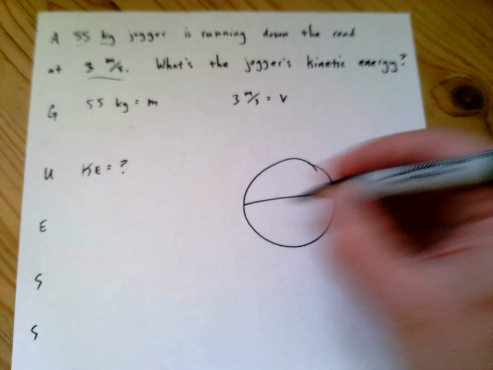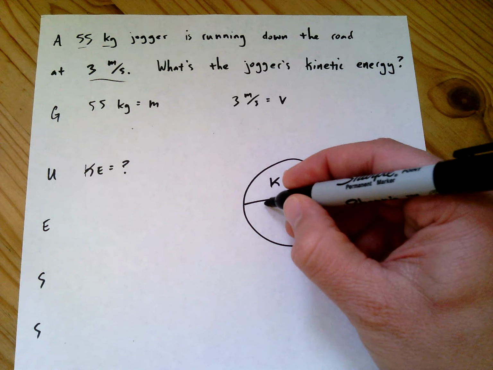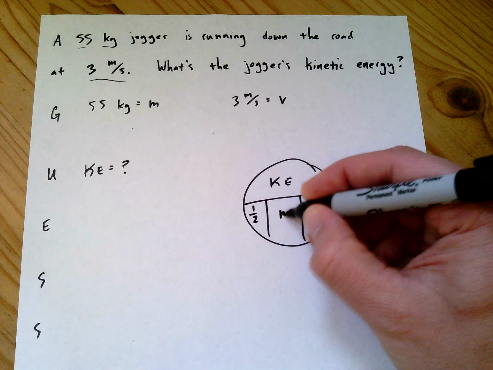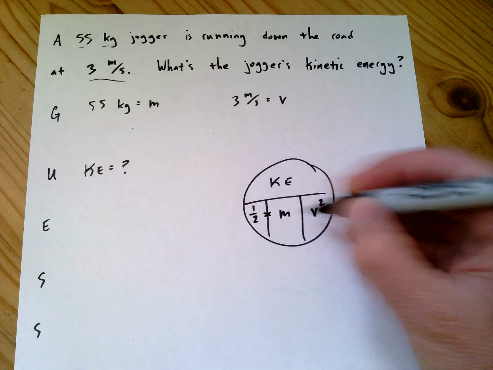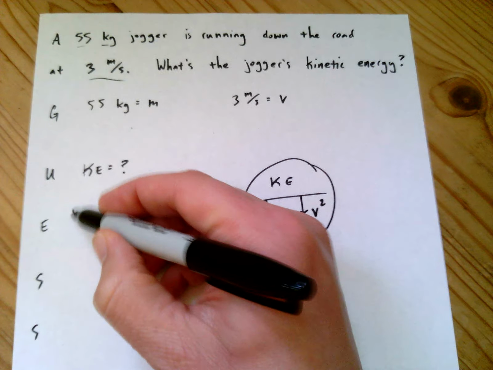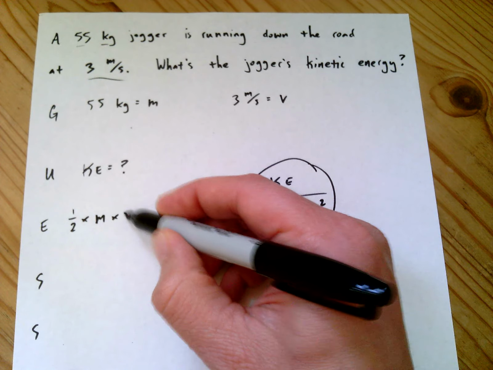We had KE for kinetic energy up on top, down below 1/2 mv squared. Since all three of those things in the bottom of our equation circle are next to each other, that means we're going to multiply them together. So my equation for kinetic energy is 1/2 times mass times velocity squared.